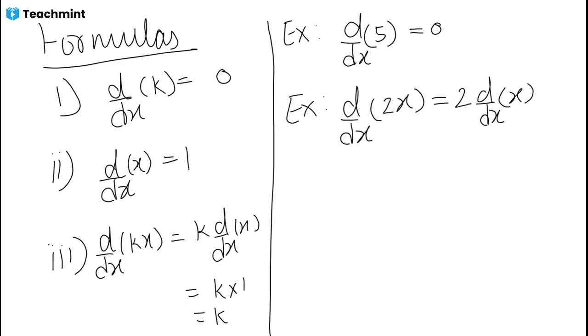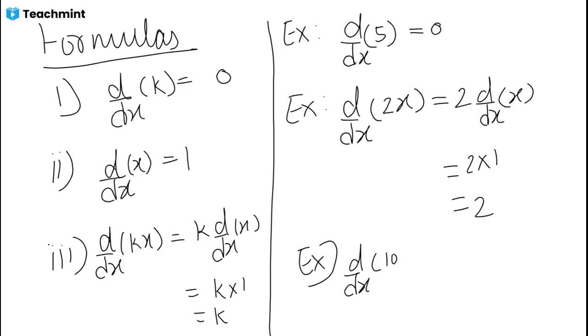You know very well the derivative of x with respect to x is 1, so we can write the constant directly. For example, differentiation of 10x is directly 10, because differentiation of x is 1.